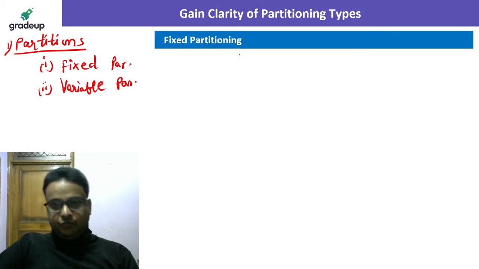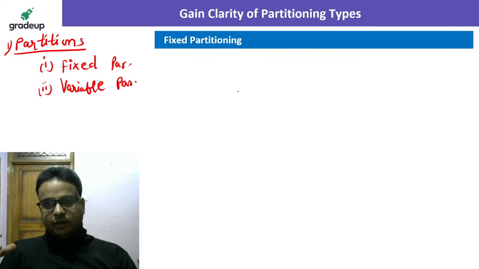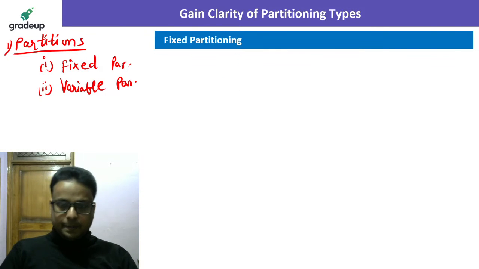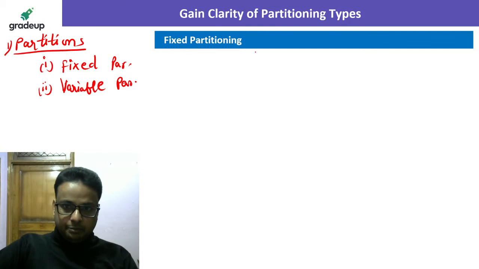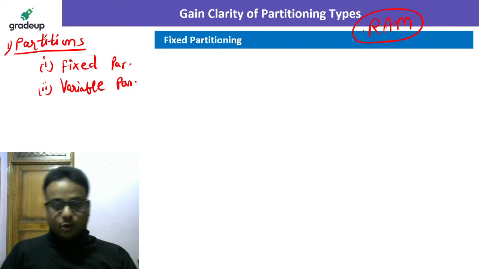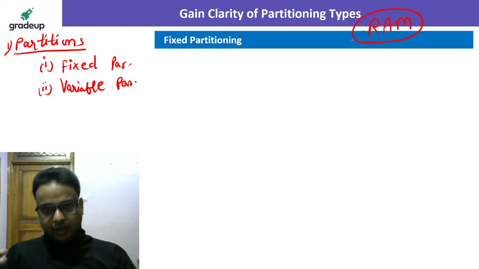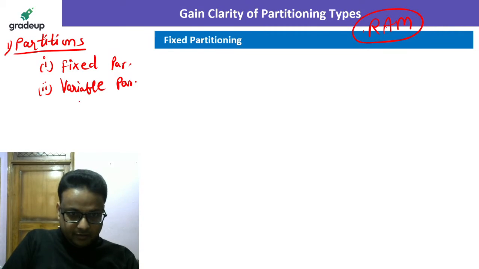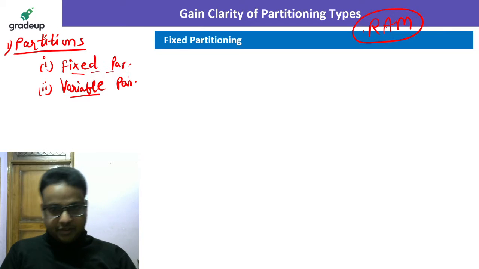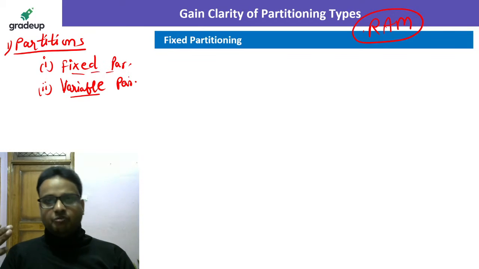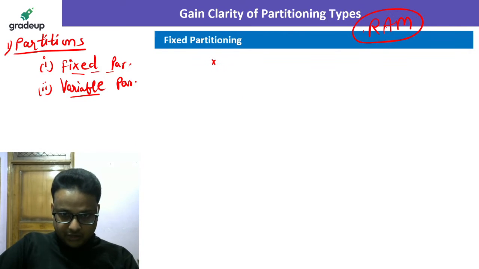Fixed partition: whenever one process comes in the memory, we have to divide our memory. Memory means RAM, please remember, I am talking about RAM here, right? So memory will be divided according to the process, that we call variable. And if the size of each process, or the number of partitions, is fixed, then we call it fixed partition. So what is fixed partition?